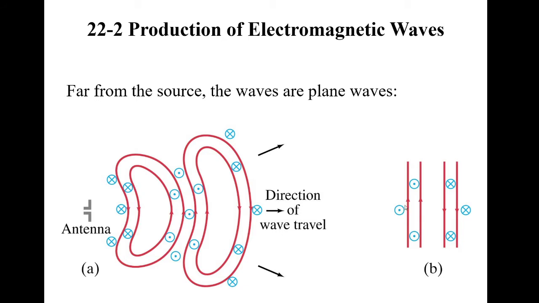And then you still have this alternating magnetic field, okay? And the direction of the current is alternating as well.